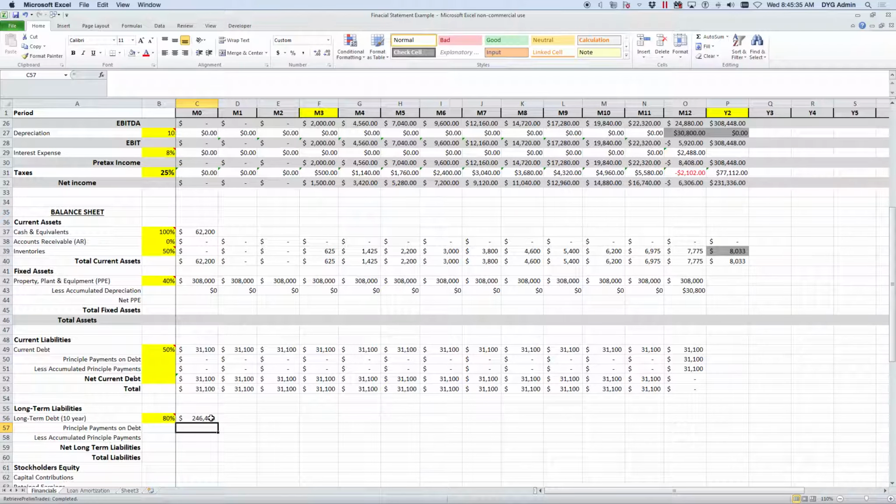So we borrowed 246,400 of the 308. So that's 80%. All right. And the way that long-term debt works, obviously, is we're just going to kind of carry that out.